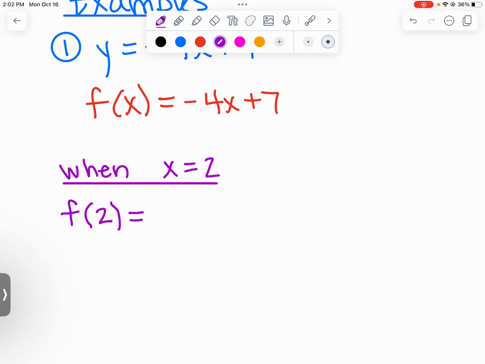So notice how f of x has now become f of 2. So I'm inputting 2 into our f machine. Well, our f machine is negative 4x plus 7. But instead of x, what do I have right here? 2. Okay, so f of 2, aka y, when x is 2, is negative 1.